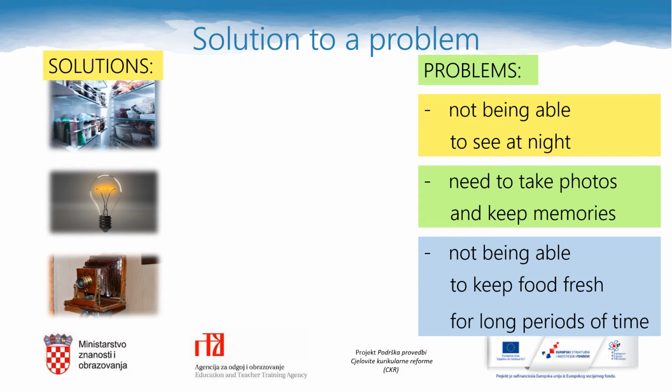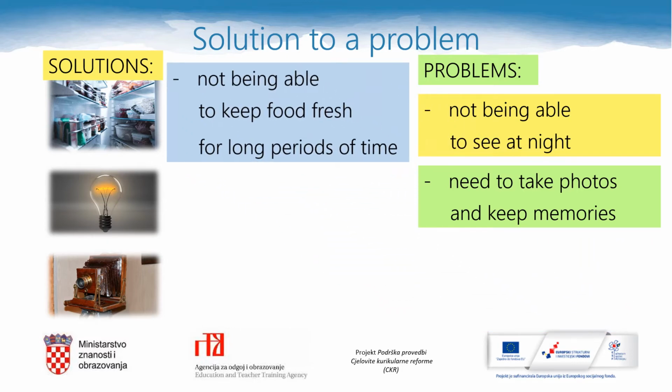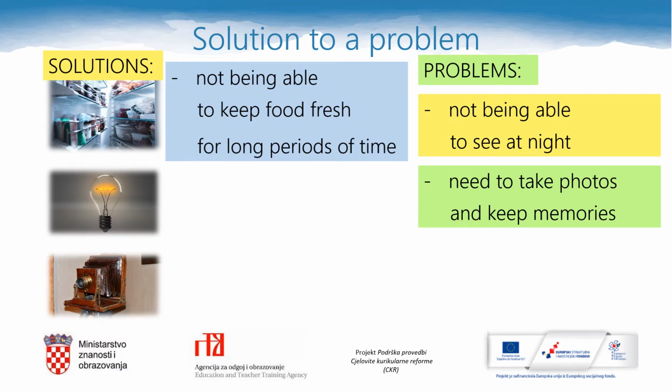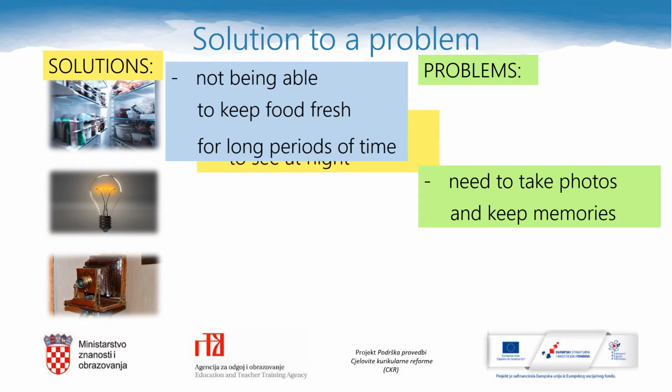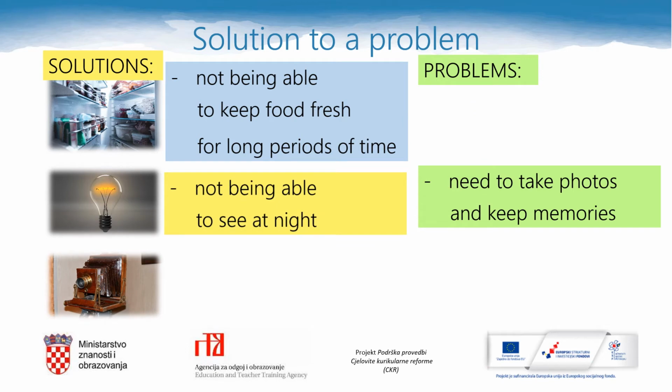So, a fridge was a solution to not being able to keep food fresh for long periods of time. A light bulb was a solution to not being able to see at night.